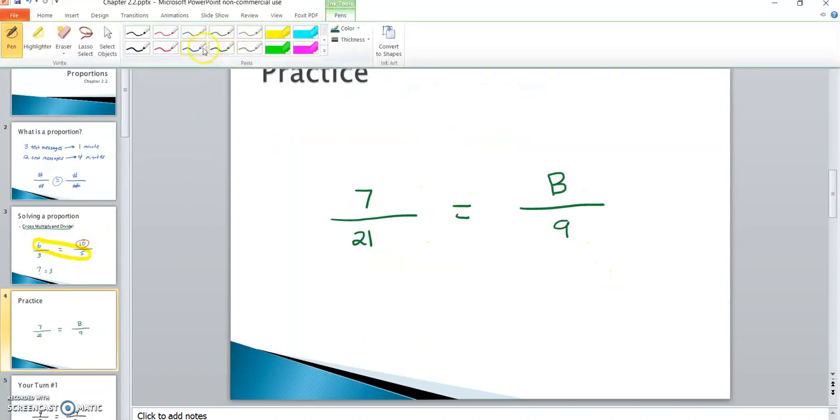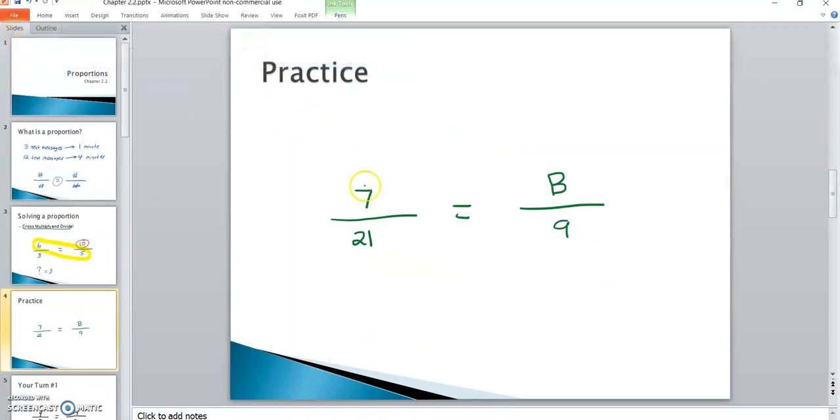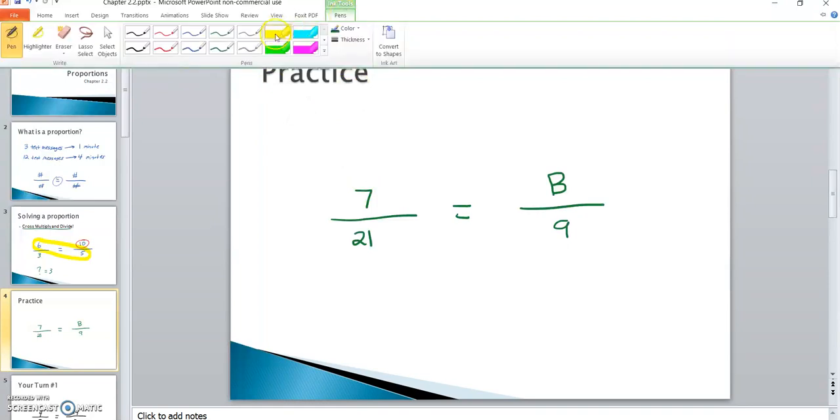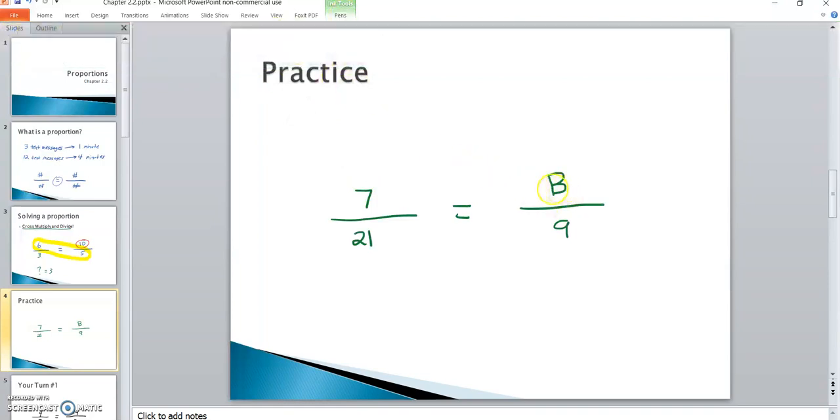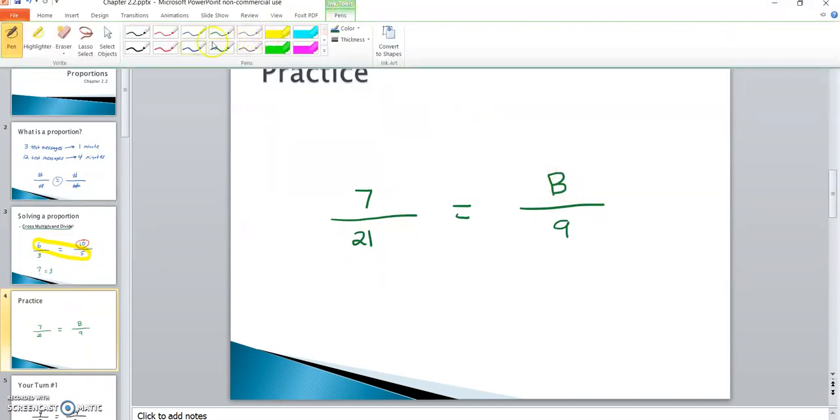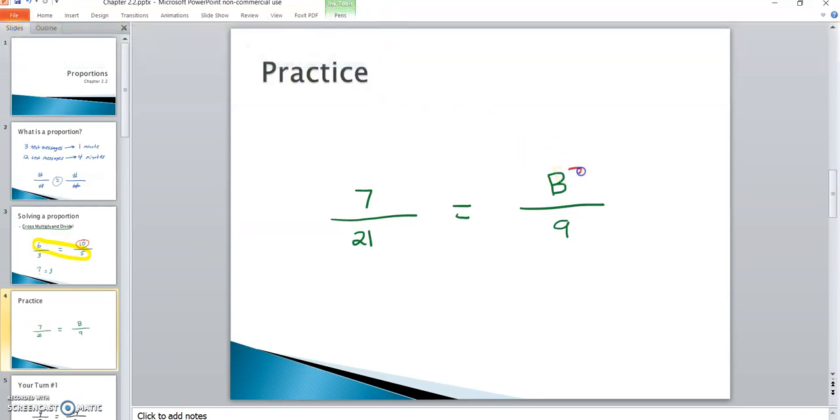So for this question, same thing, except the only difference is we have a letter B here. So instead of trying to find out what the question mark is, we're going to find out what the letter B is. So if it helps you, you might even want to put a little question mark by the B, because that'll tell you what we're trying to figure out.